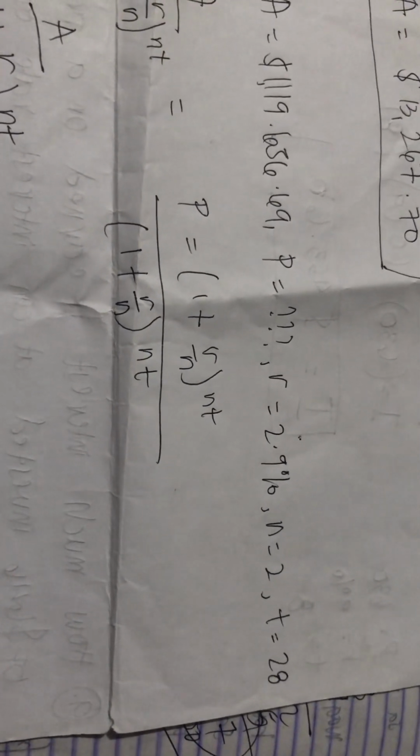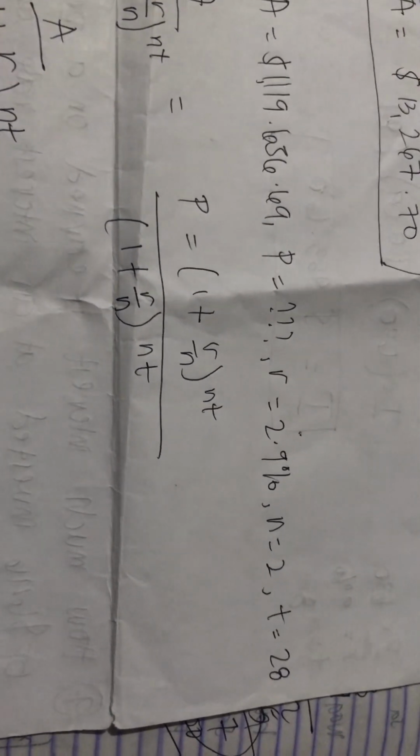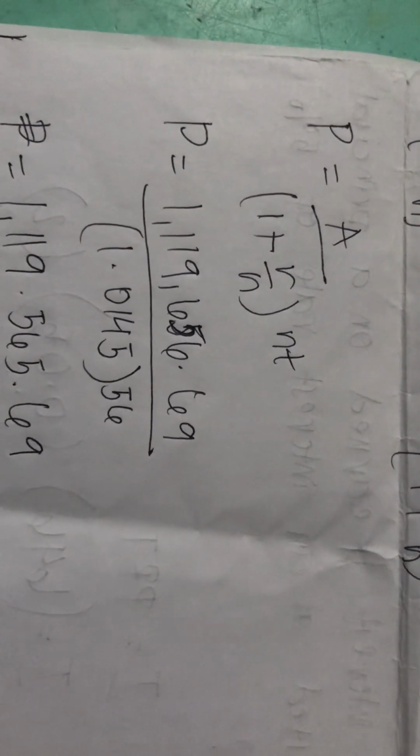Principal equals A over open parenthesis 1 plus r over n, close parenthesis to the nt. So next is copy the principal P equals A over open parenthesis 1 plus r over n, close parenthesis, then at the top is the nt.